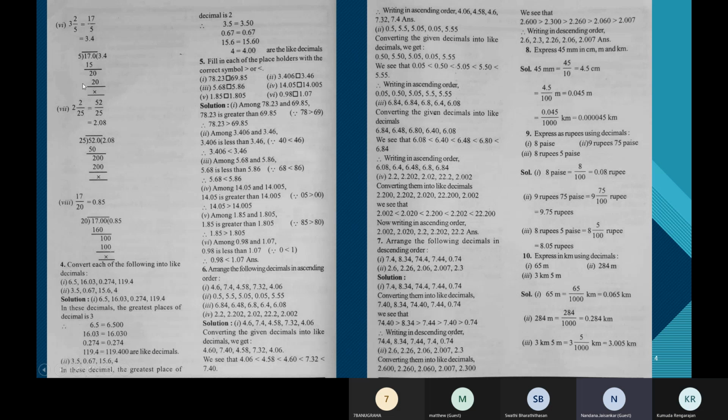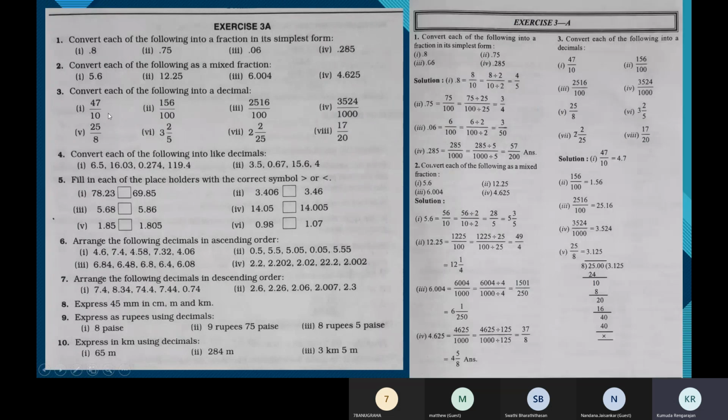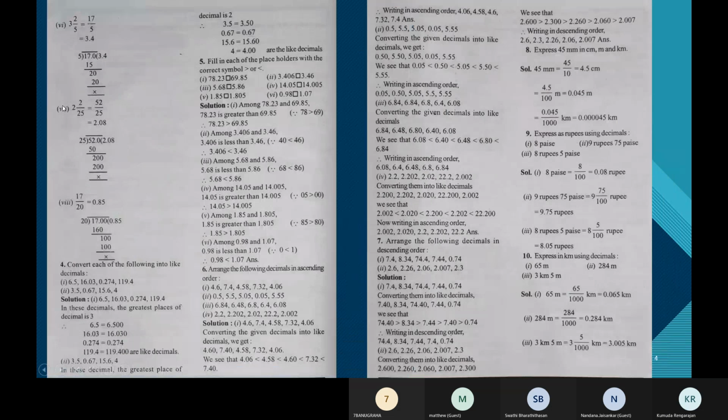Matthew, okay. What is the alternate method for 2 by 25 to write this as a decimal? Okay, Nandana, again try this. The improper fraction is 52 by 25. Okay, ma'am. So you'll try to bring 25 to 10, 100, 1000, which number?